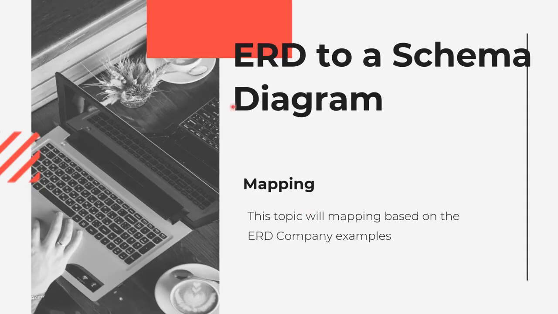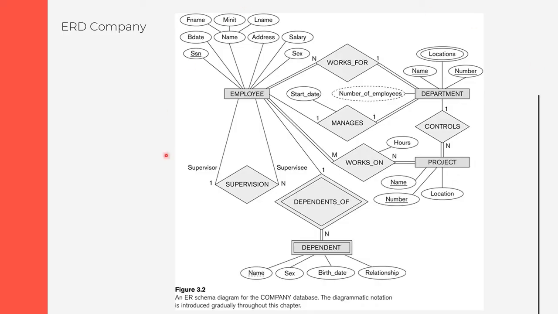So let's do the mapping of the ERD to a schema diagram by using the company ERD example. Here is the company ERD example, where we have employee, department, and a weak entity, and also a recursive relationship.